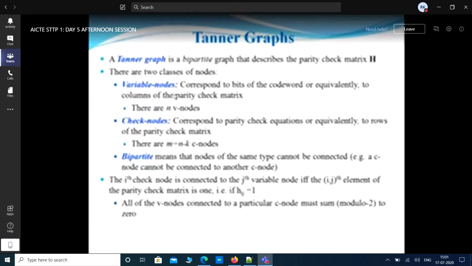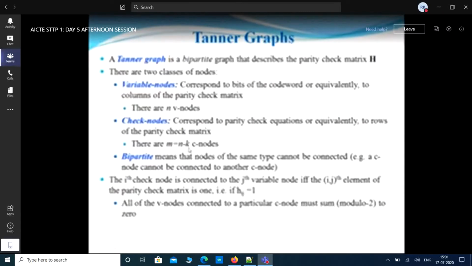Variable nodes correspond to bits of the code word, or equivalently to columns of the parity check matrix. So variable nodes means n nodes. The length of the code word is equal to 10, so the number of variable nodes is 10. Check nodes means redundant nodes, like n minus k nodes.